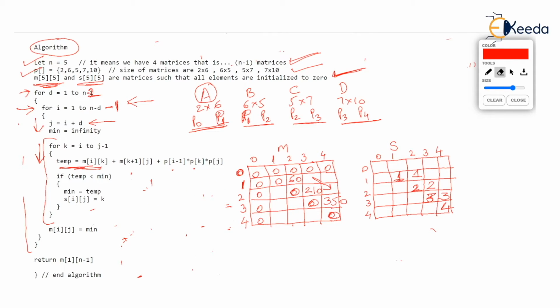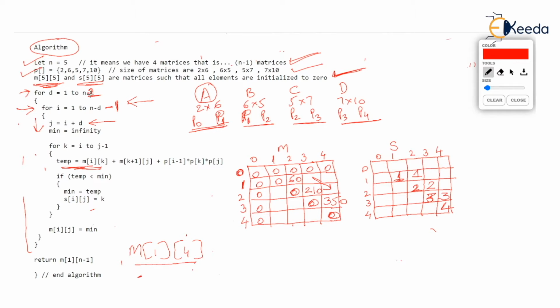you imagine that we are computing a big value. That's always better, isn't it? So I'll take only one example over here, and trust me, you will understand what's going on. Suppose we are computing M14. This is the cornermost entry that we are computing, the last computation that we are going to do.